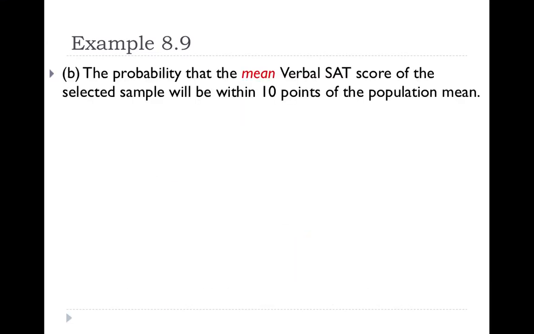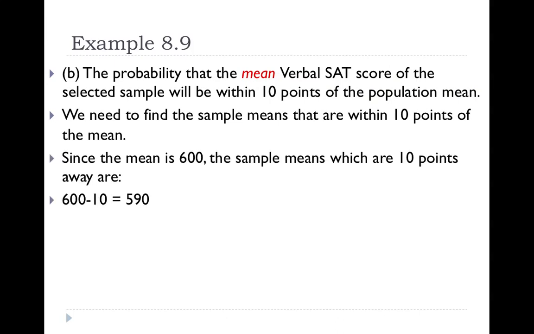Part B of the question asks us to find the probability that the mean verbal SAT score of the selected sample will be within 10 points of the population mean. So let's understand what within 10 points means. The population mean was 600. Within 10 points of 600 means everything from 600 minus 10 to 600 plus 10.